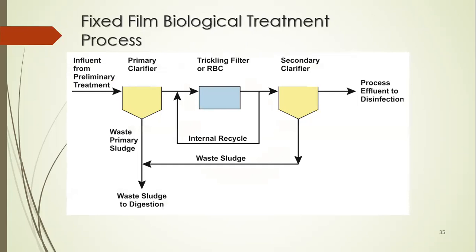So there are different types of biological treatment facilities we can design, right? Now you can see after the primary treatment, the water enters the secondary treatment plant. From here onwards, it is secondary treatment.